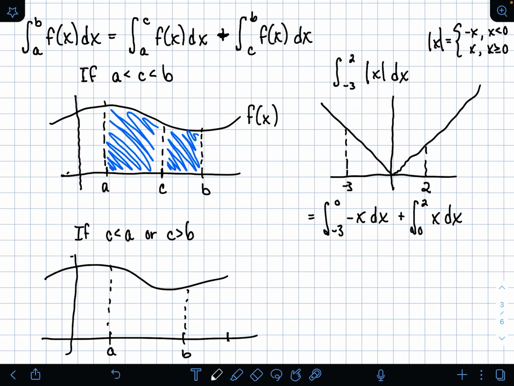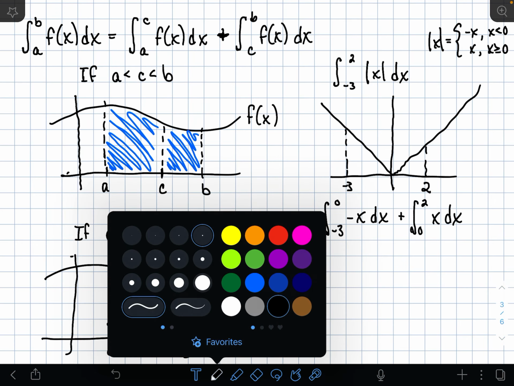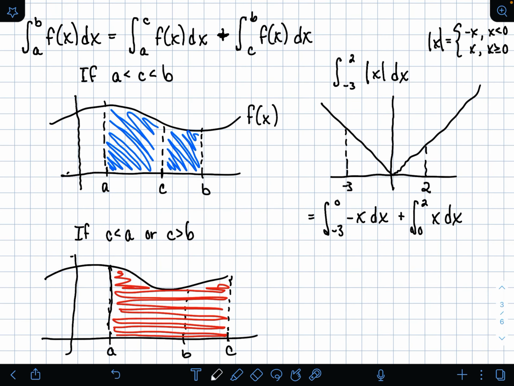What if c is somewhere out over here? The integral from a to c would cover this whole thing, which is more than we actually are interested in. We only want from a to b.